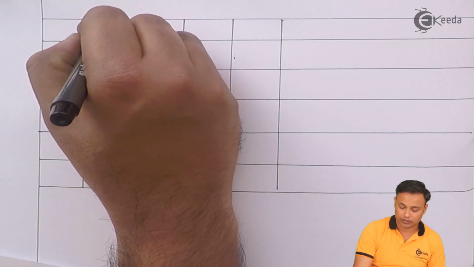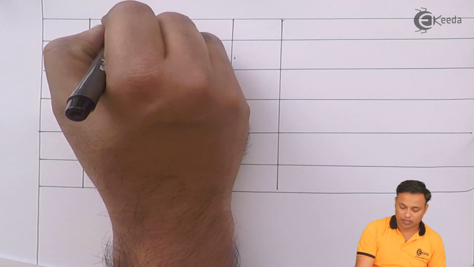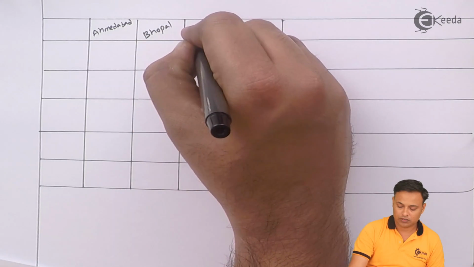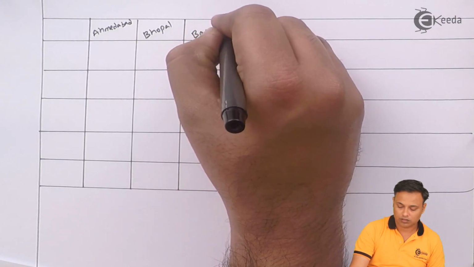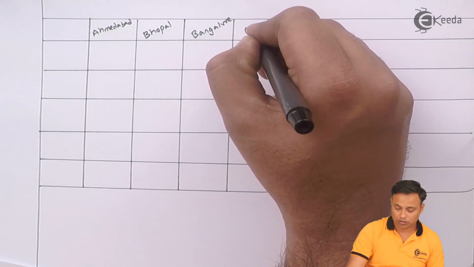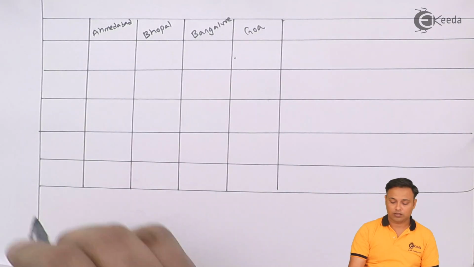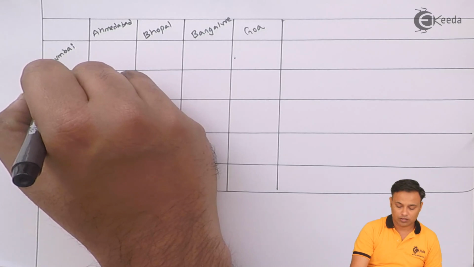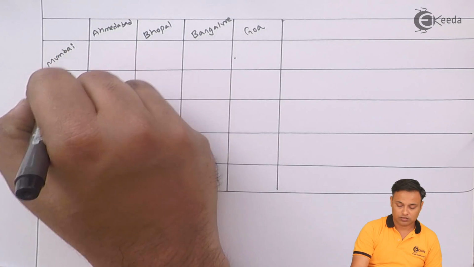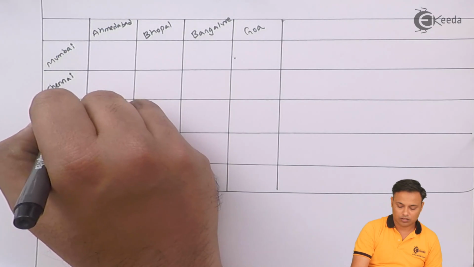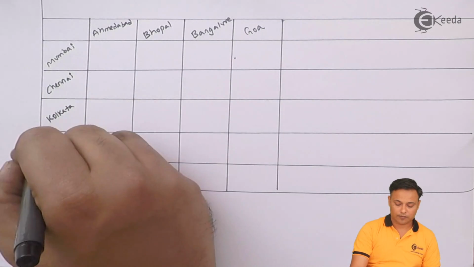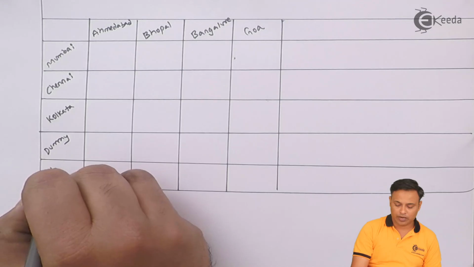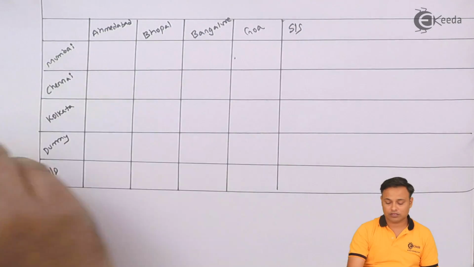Here I am having Ahmedabad, Bhopal, Bangalore and Goa. Here we have Mumbai, Chennai, Kolkata and a dummy. We have the demand here, we have the supply here.